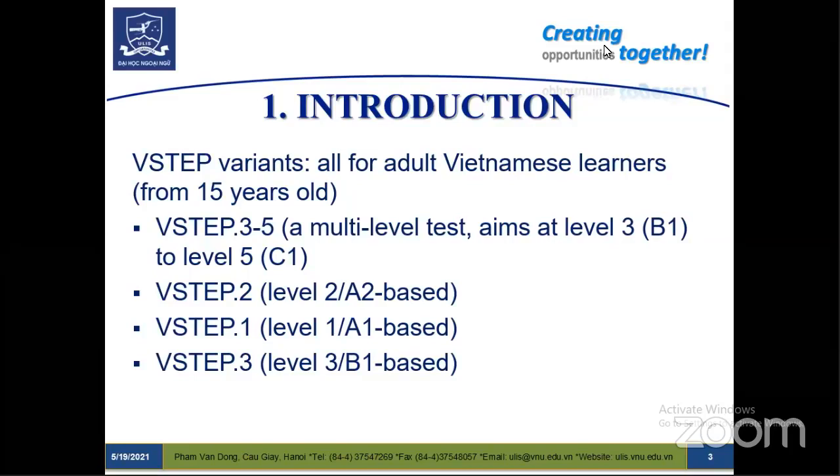In the Vietnamese framework, we have 6 levels from 1 to 6, equivalent to the CEFR from A1 to C2. Then we have VSTEP 2 that is A2 based, VSTEP 1, which is A1 based, and VSTEP 3, which is B1 based.